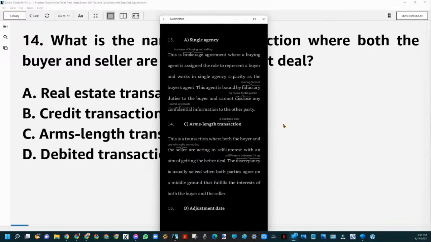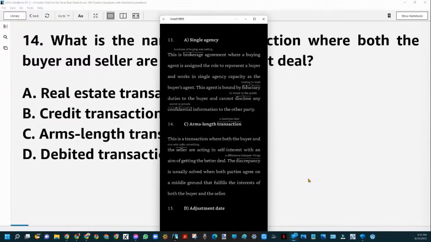Arm's length transaction. So the answer says this is a transaction where both the buyer and the seller are acting in self-interest with the aim of getting the better deal. The discrepancy is usually solved when both parties agree on a middle ground that fulfills the interest of both. So it's at arm's length.